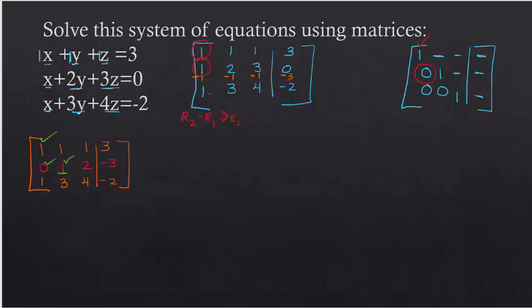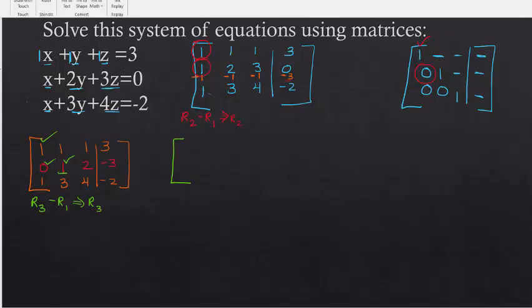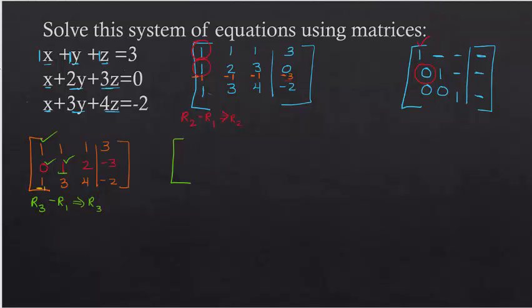So the next thing we need to work on is we can look at this one. We want this to become a 0. How can we do that? Well, we could do row 3, take away row 1 will be our new row 3. So 1 take away 1, 3 take away 1, 4 take away 1, and -2 take away 3.